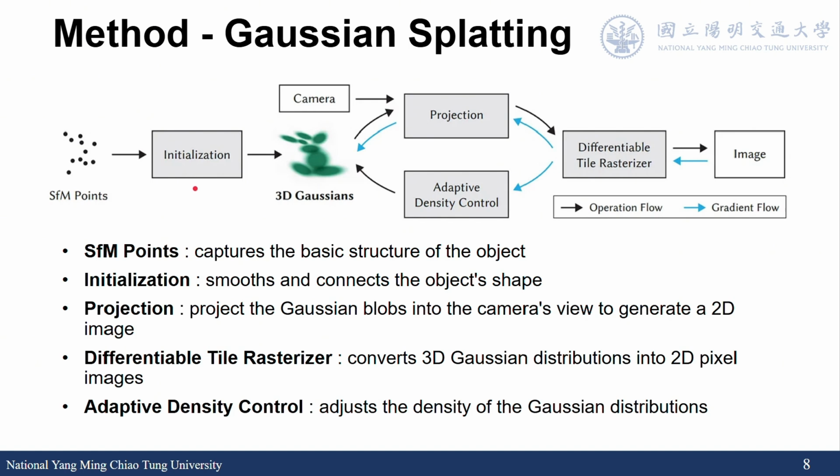This stage smooths and connects the object shape, ensuring it is continuous and well prepared for subsequent operations. Next, the 3D Gaussian distributions are projected onto a 2D image plane by ordering them according to depth and aligning them with the camera's viewpoint, simulating how a physical camera would capture the object from a specific angle.